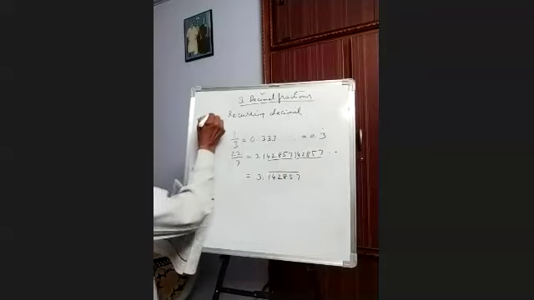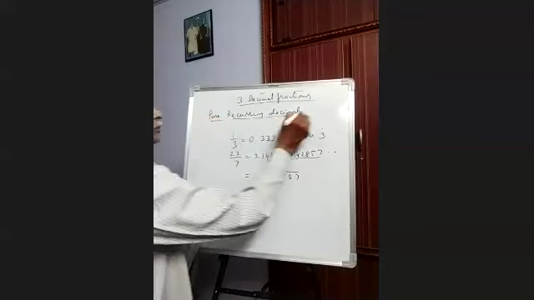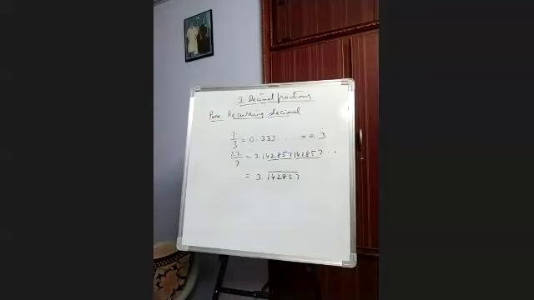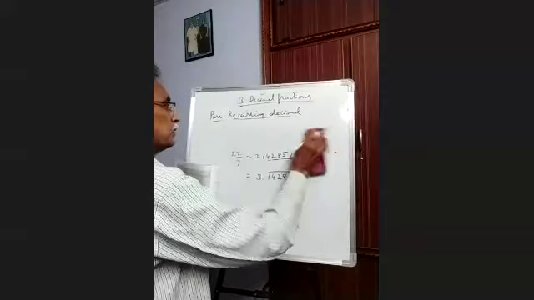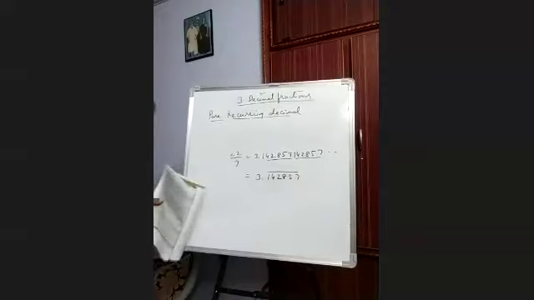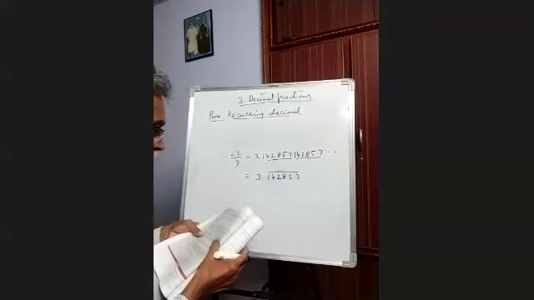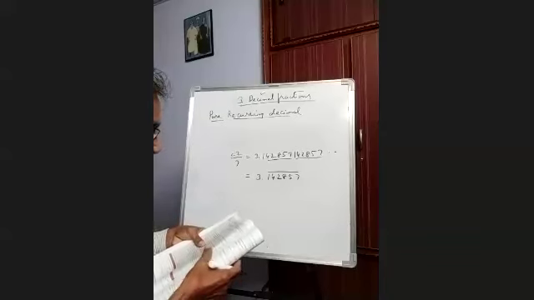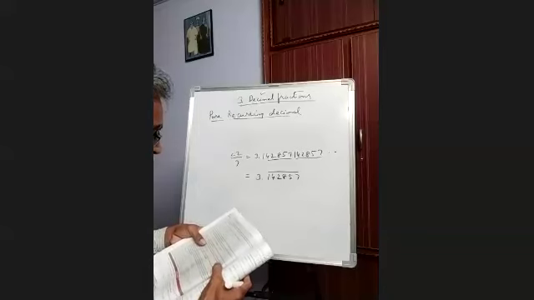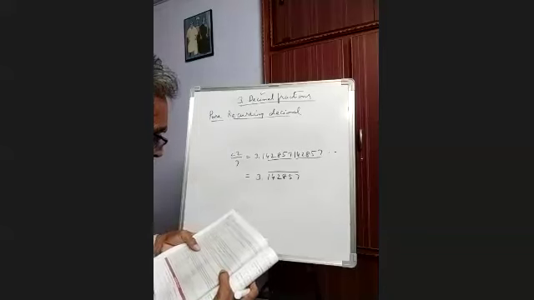Next thing is pure recurring decimal. A decimal fraction in which all the figures after the decimal point are repeated is called a pure recurring decimal.